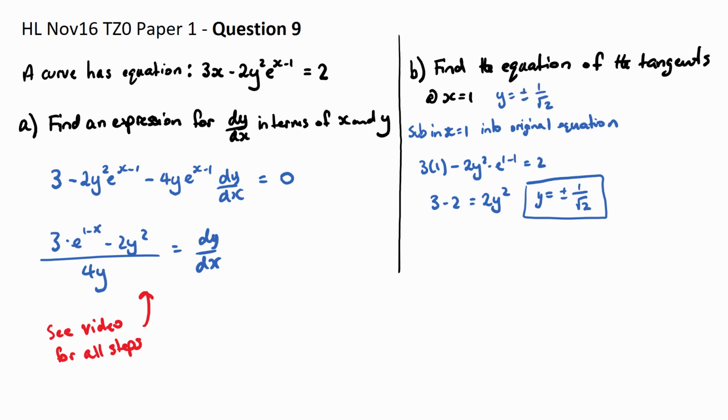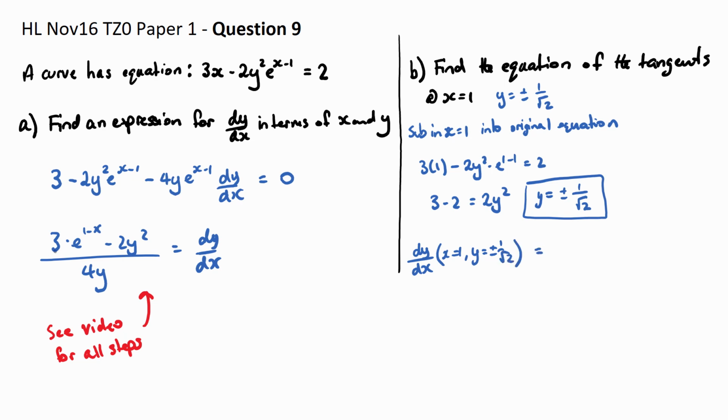To find the equation of the tangents, I need to first find our gradient of the tangents, and the way we find that is just sub in x into our derivative. So dy/dx, and our y values. Just for our knowledge here, this is when x equals 1, y equals plus or minus 1 on root 2.